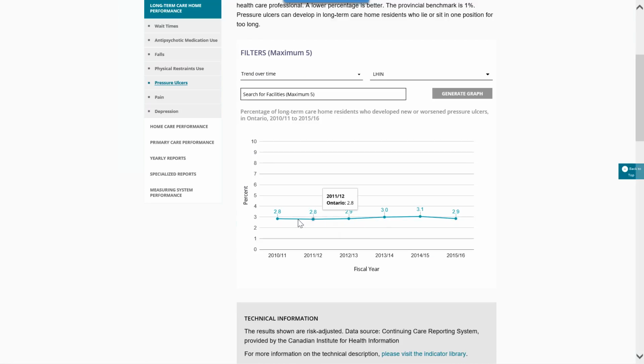Now, this is one that I'd like to understand a little better, and that's pressure ulcers. And you can see that it's been pretty flat. And the only thing is, I'm not sure why that pressure ulcer rate is as flat as that. Okay, here's where we are looking at a 1% goal.